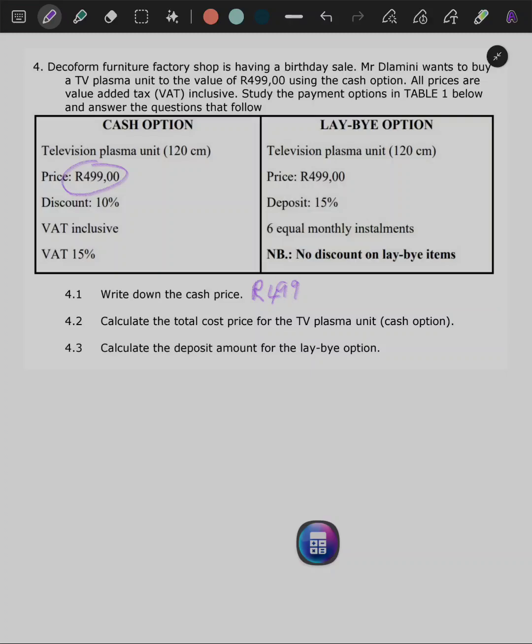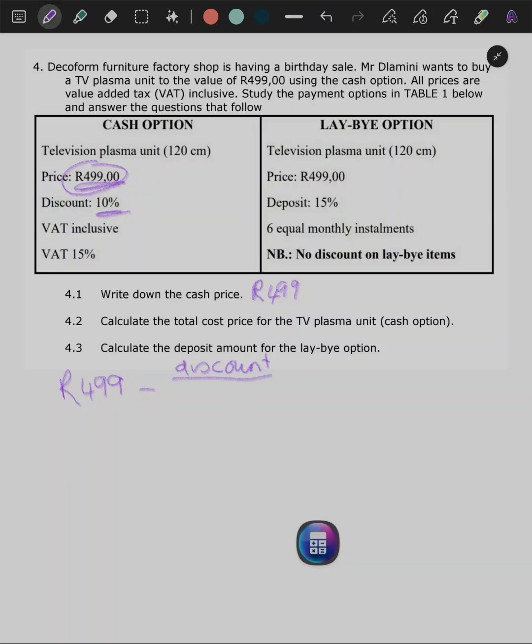Then they want us to calculate the cost of the plasma TV unit if I do the cash option. So what do we know about the cash? Well, we know it's 499 rand, but we also know we get a discount. So it's going to be 499 minus the discount. And what do we know about the discount?